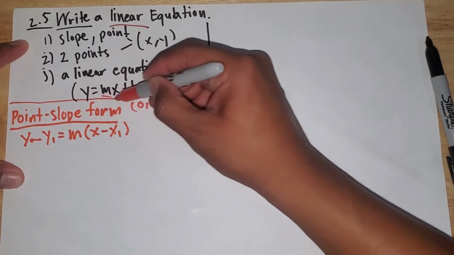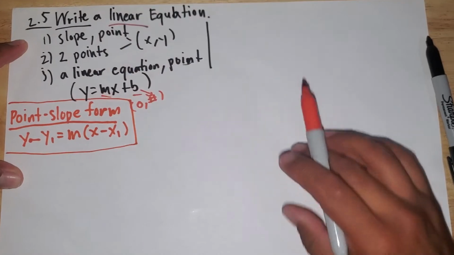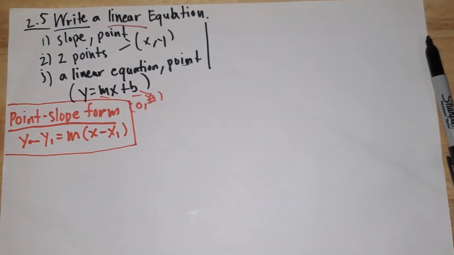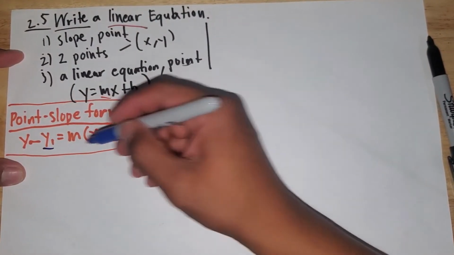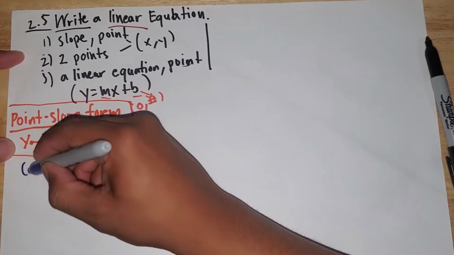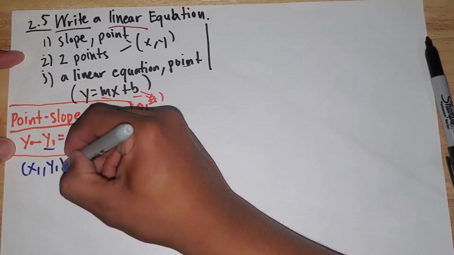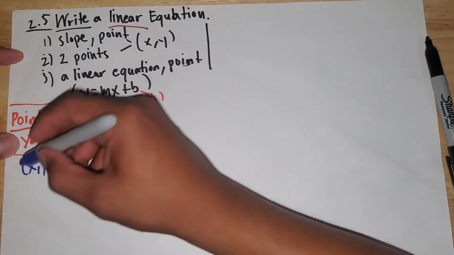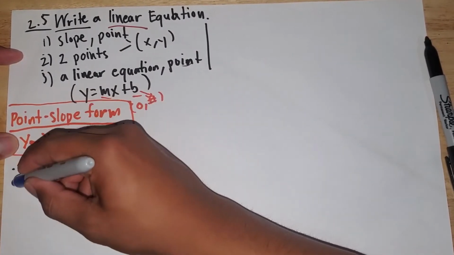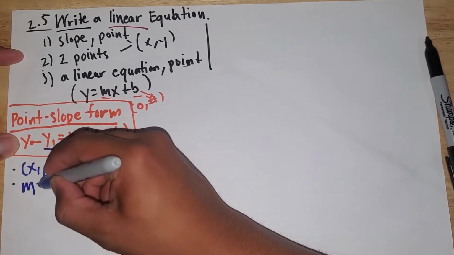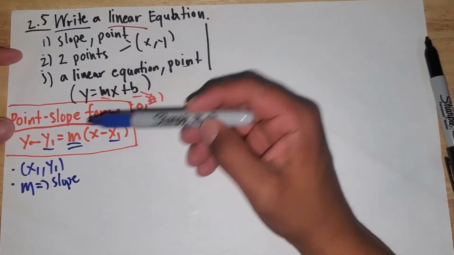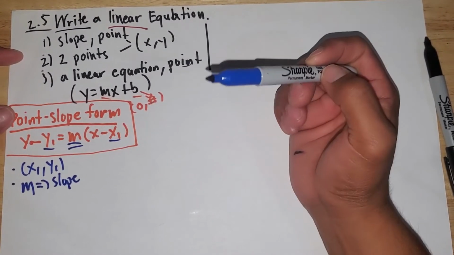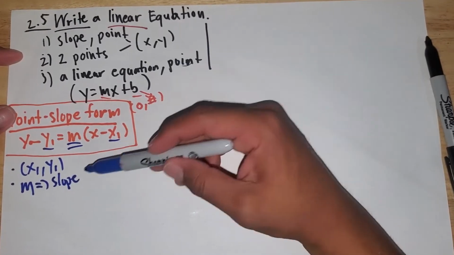I'll box it. This is called the point slope form. The reason it's called the point slope form is because here is your point, x sub 1, y sub 1. That is the point. And then we have our slope. And that's why it's called point slope form, because you need a point and a slope to be able to use this formula. So that's why it's important.